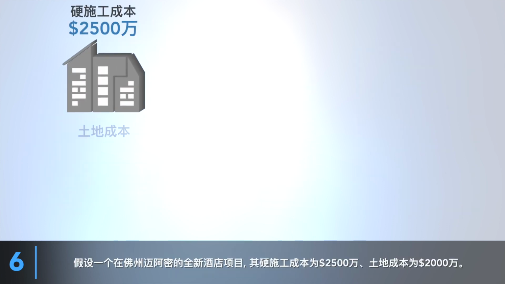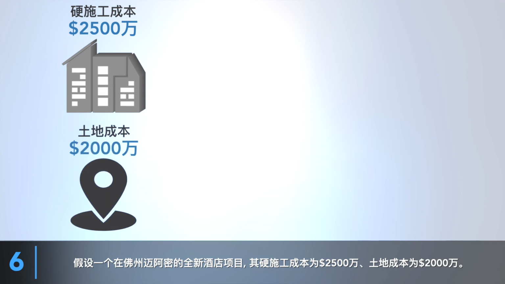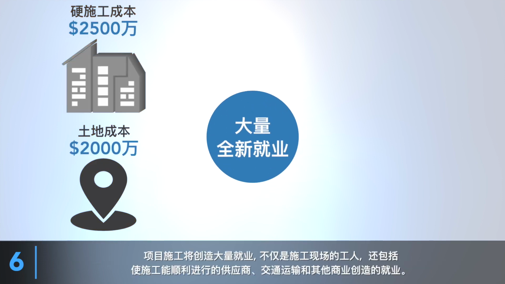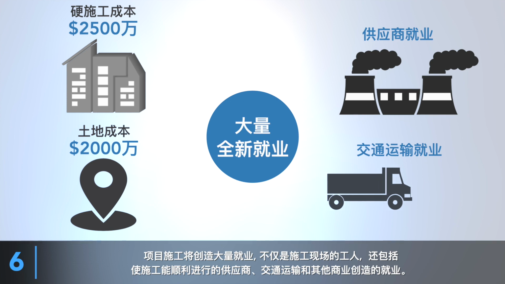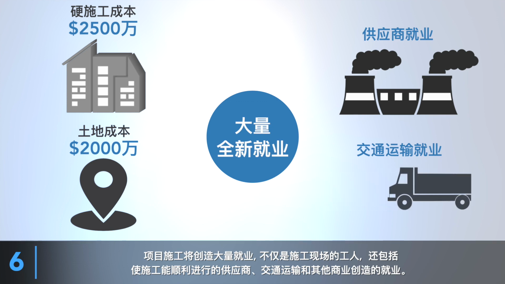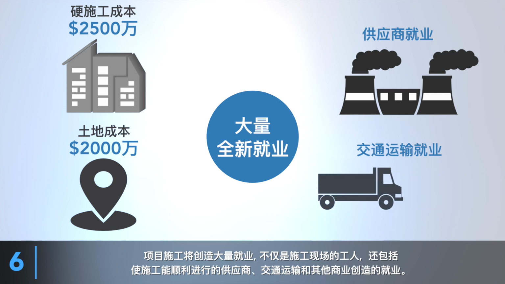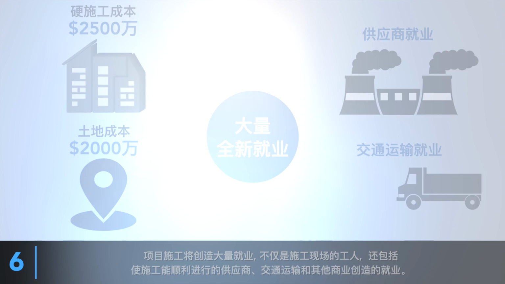For example, imagine a hotel project in Miami, Florida, in which the total hard construction cost is $25 million and the land cost is $20 million. The construction will create many jobs, not just for the workers on site, but also for all those employed by suppliers, transportation companies, and various other businesses that make the construction on the project site possible.